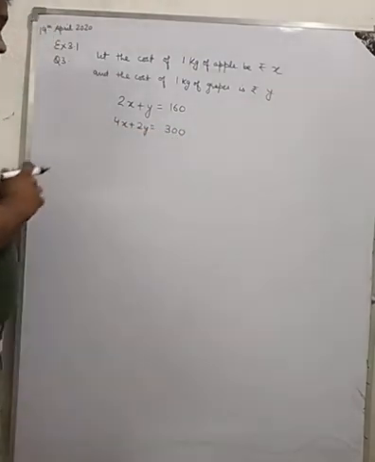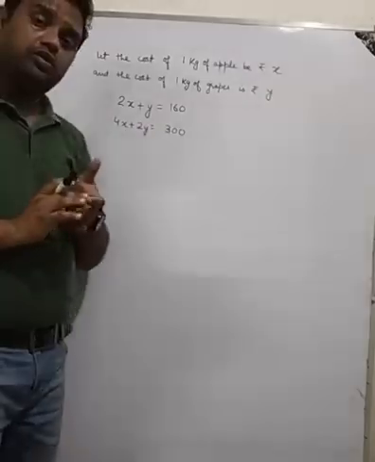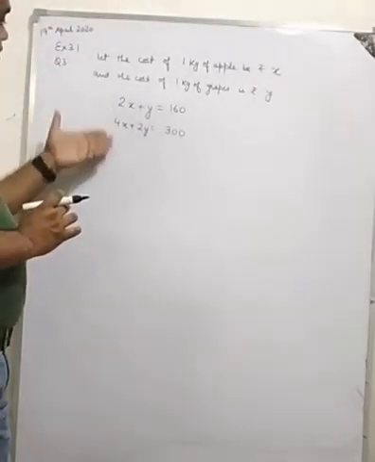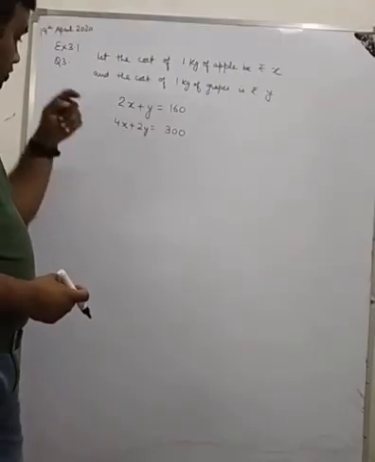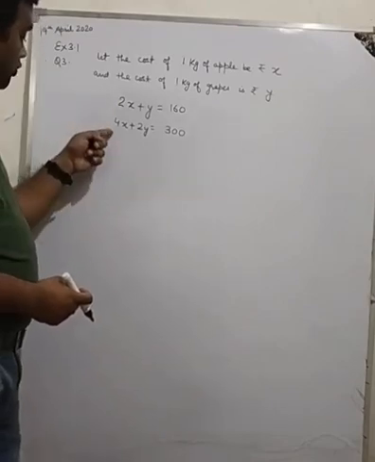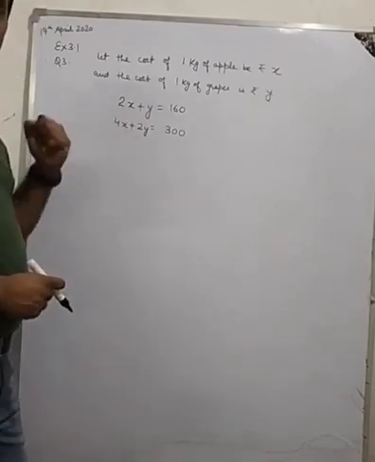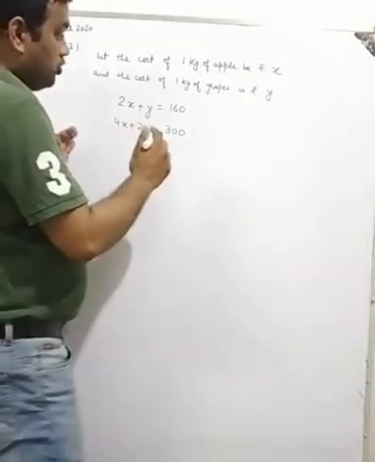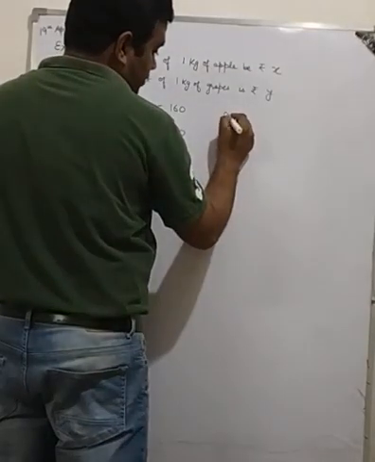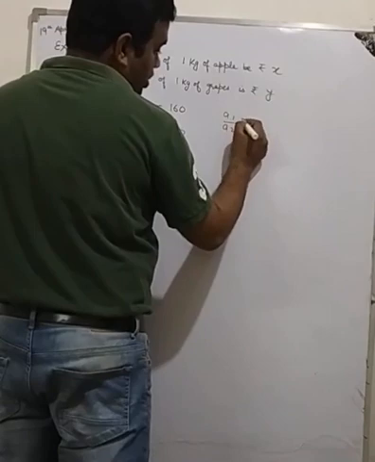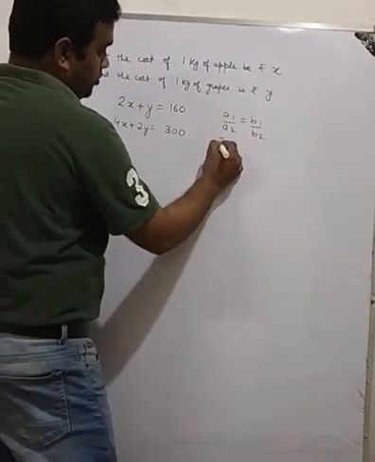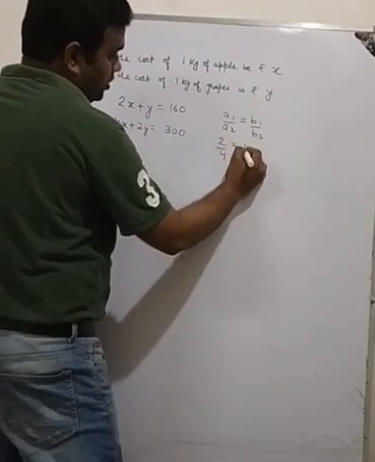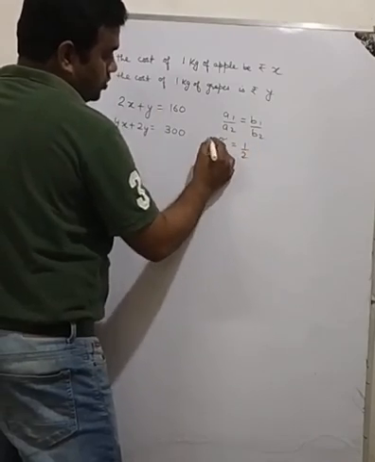300. Now if we compare the x coefficient and the y coefficient of these equations, a1 upon a2 is 2 by 4, b1 upon b2 is 1 by 2. So a1 upon a2 is equal to b1 upon b2, because 2 by 4 is ultimately equal to 1 by 2.